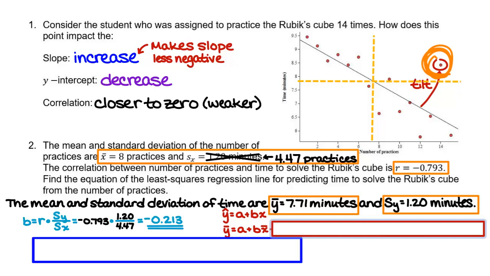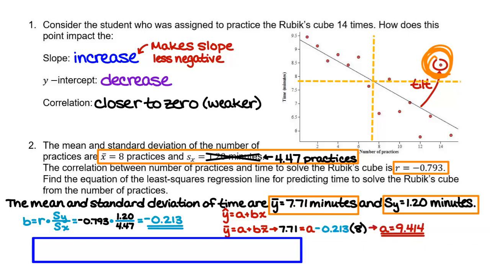What's the Y bar that we would want to substitute in there? 7.71 equals, we don't know A, so I have to leave it as A, plus what? Or minus what? Yep. Minus 0.213 or plus a negative 0.213. And then times our X bar, which was 8. You should get an A value of 9.414.